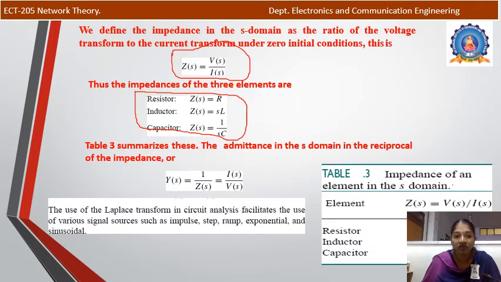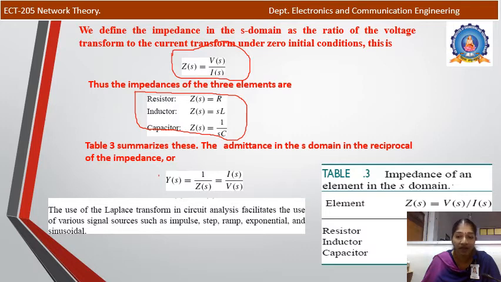So Y of S is known as admittance. Admittance is nothing but the reciprocal of impedance. Impedance Z of S is similar, not the same, it is similar to resistance.